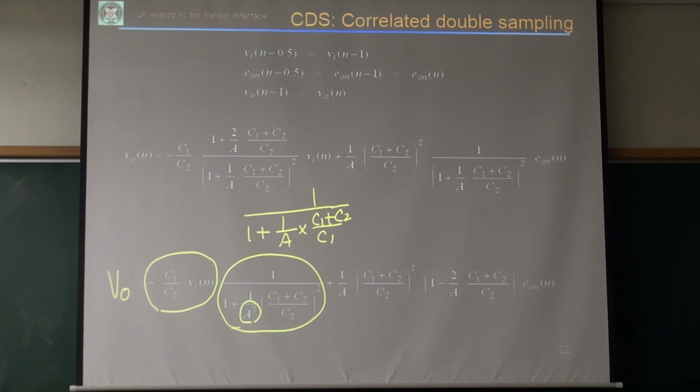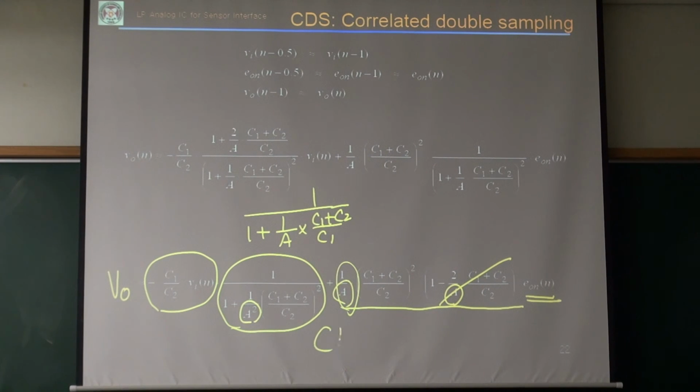And also, the input offset term is not complete, but if gain A is pretty large, actually this doesn't matter too much.